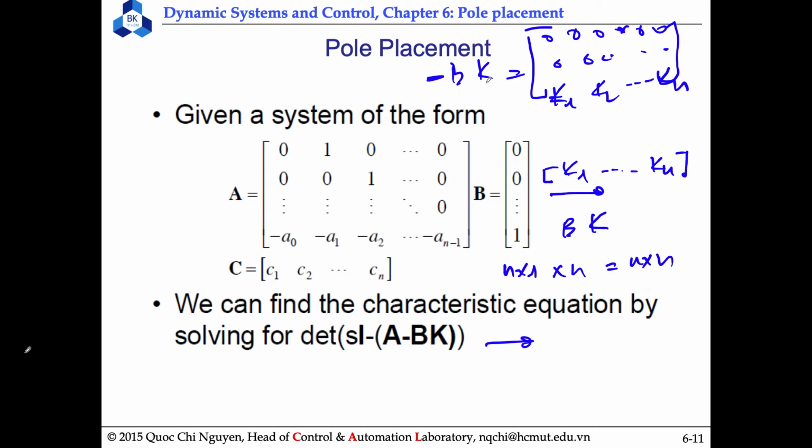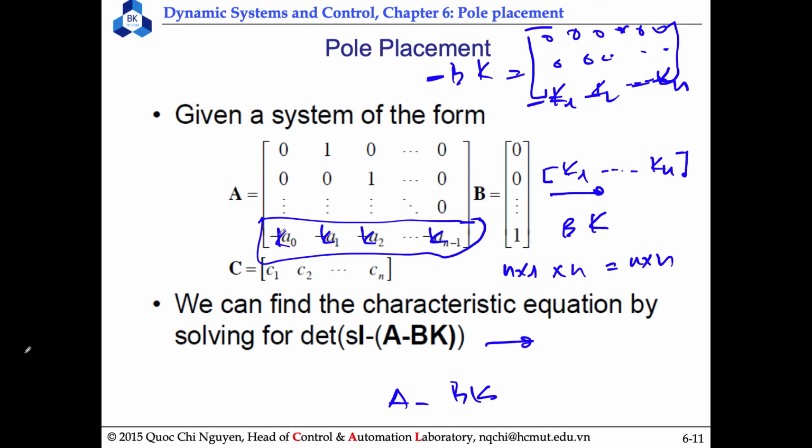And if we take the minus here, the minus will appear like this, right? And then if we take A minus BK, what is the result? The k will appear in this part, in the final row of A.